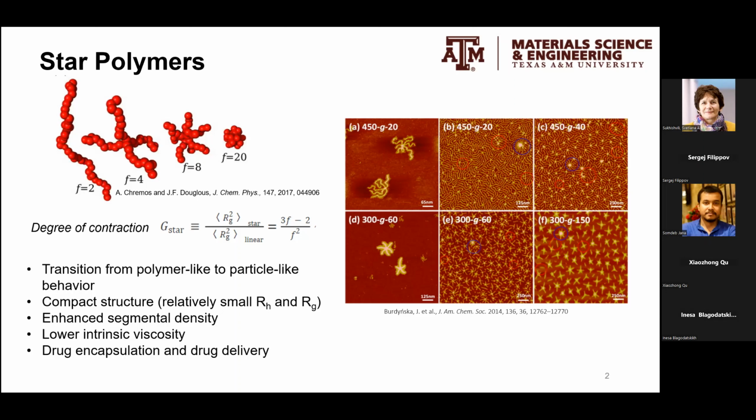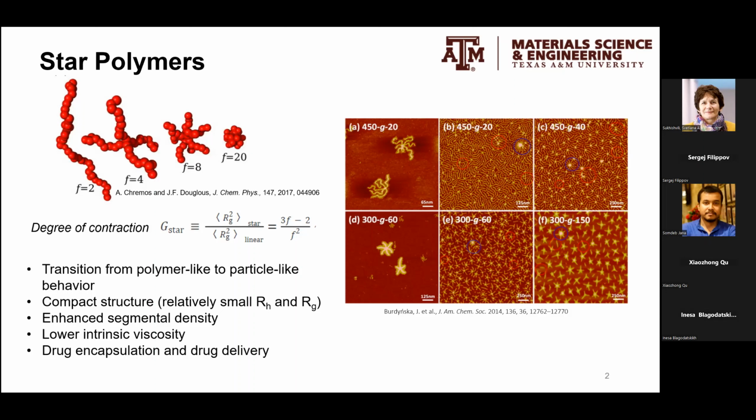This was done by Kramos and Douglas: at a degree of functionality of 20, you get a transition from branched to particle behavior.